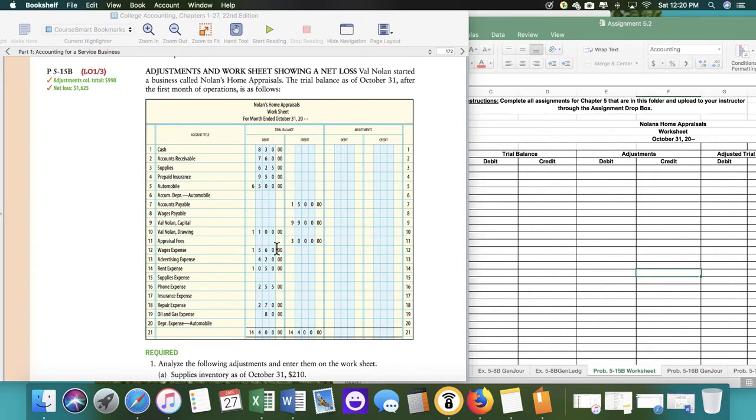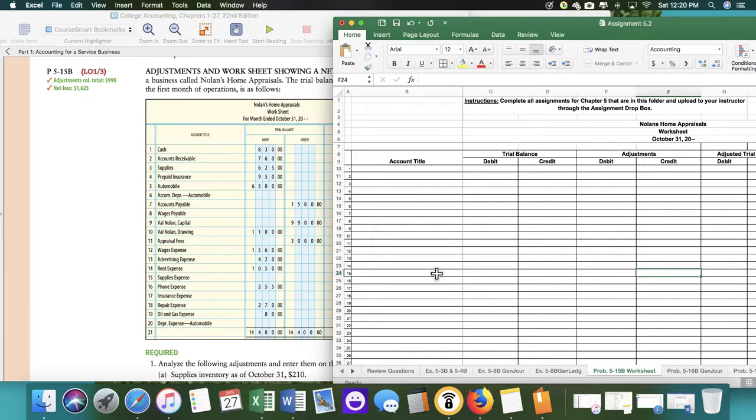We are given a partial worksheet. Now we need to fill in the worksheet. So we're going to just enter in the information exactly as we're given.